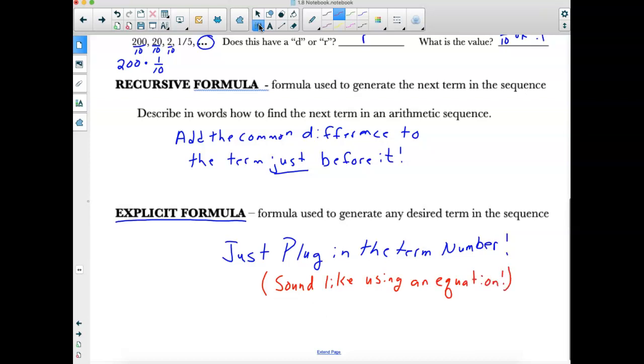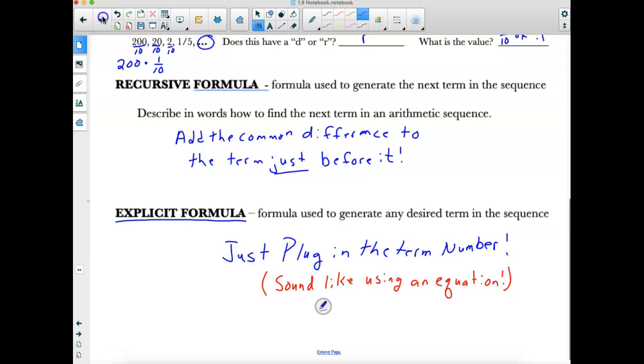And that's exactly what an explicit formula is. It's an equation. We put a number in, it gives us the explicit number out. With a recursive formula, we can't really just plug anything random in. We just have to have a term and add the common difference to it to get the next term.